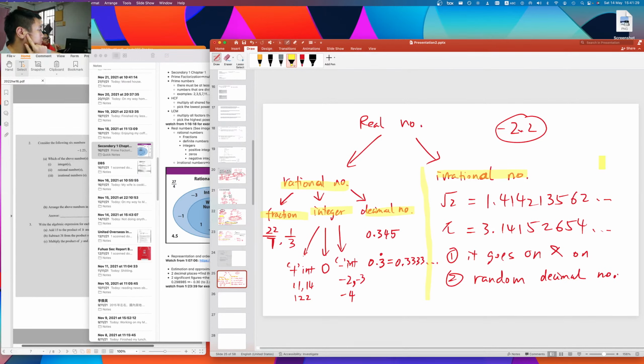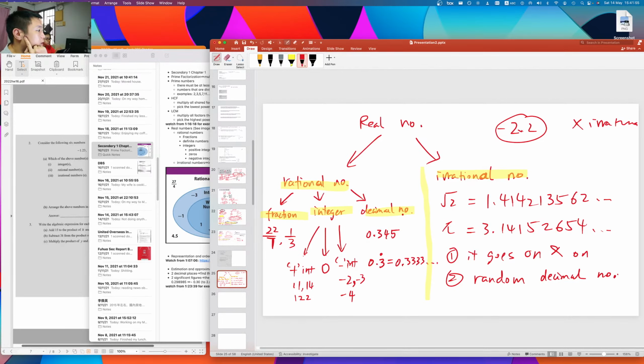Can it be this? No. Okay. Why not? Because irrational, the number is random and it goes on and on, right? Does this one go on and on or not? No. Okay, good. So this one is out. So this one is definitely not irrational already. Does it make sense? Yeah.